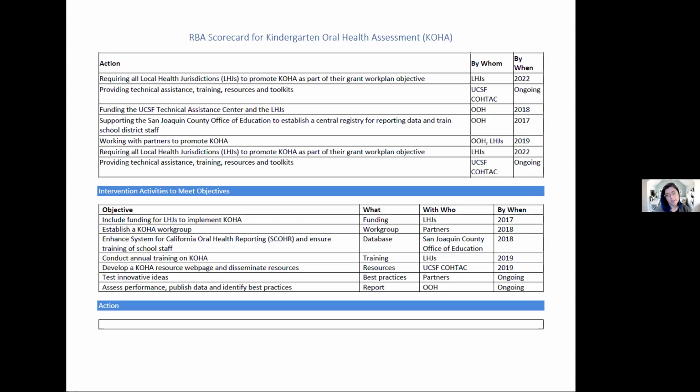So if there is a lot of buzz by parents to say we need to perform the kindergarten oral health assessment and we want it to be part of the local control funding plan, then it's more likely to get done. Because then even though there's still money coming to schools, it gets all blended, and it's up to the schools to determine what is best for them to implement. So if this can be raised as a higher priority, we might get more schools participating.